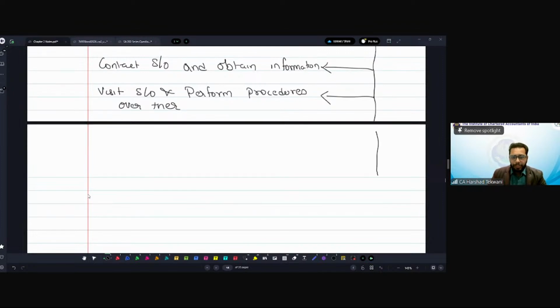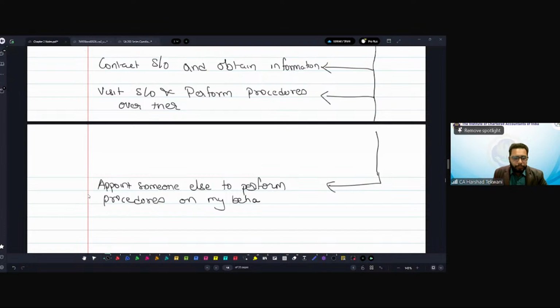I will appoint someone else to perform procedures on my behalf, for example, an auditor's expert.